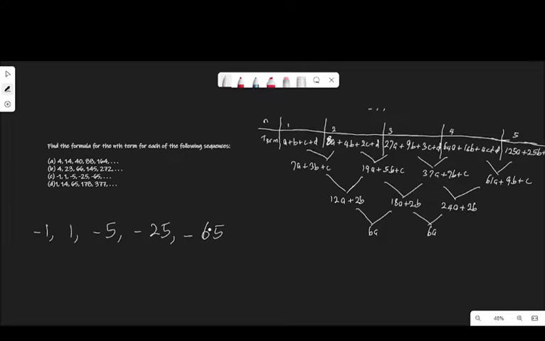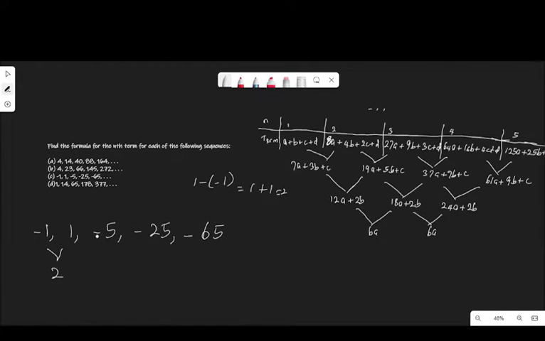Again, taking the first order difference, I have 1 minus bracket minus 1. Minus minus is plus, so it will be 1 plus 1, which is 2. So here we have 2.